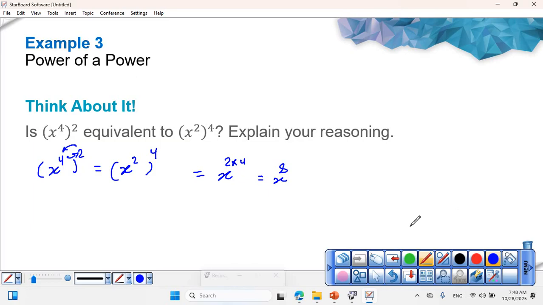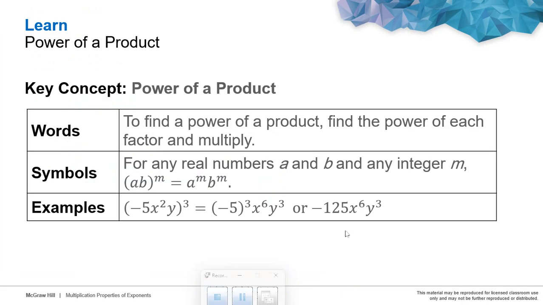Okay. Let's move to the next property, power of a product. Like this here, if you have a times b to the power m, we can distribute the power to the components of the product, as you see: a to the power m times b to the power m. Also, this is an example: negative 5 times x squared times y, all to the power 3.